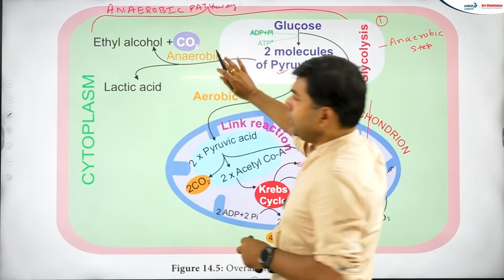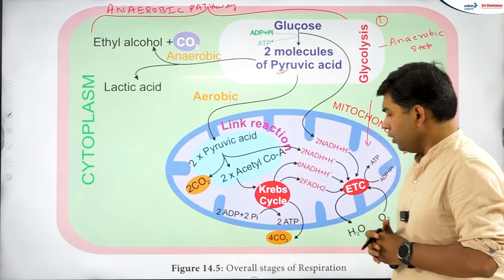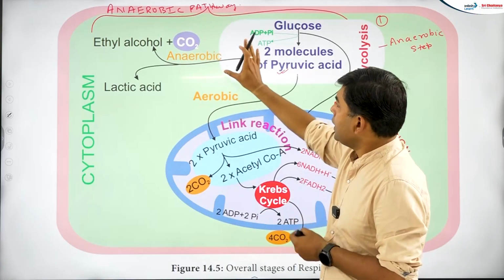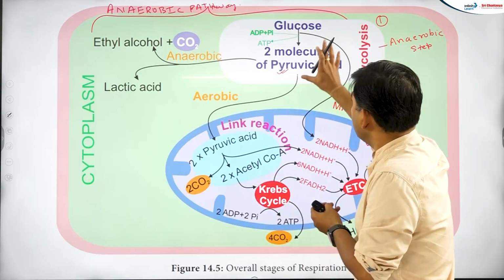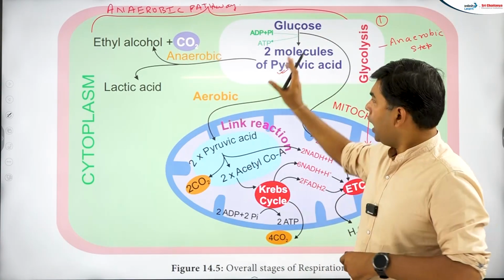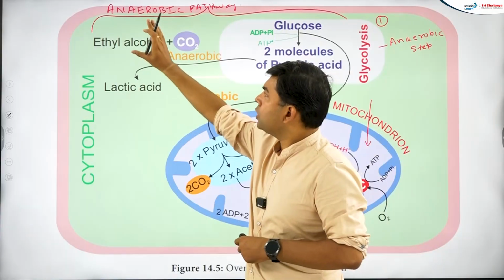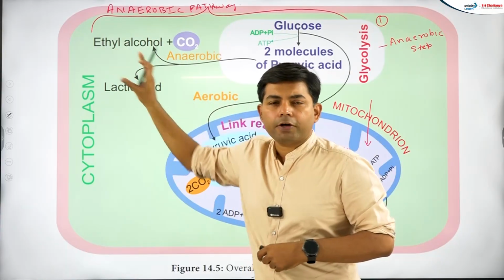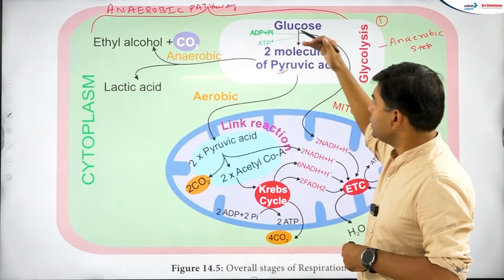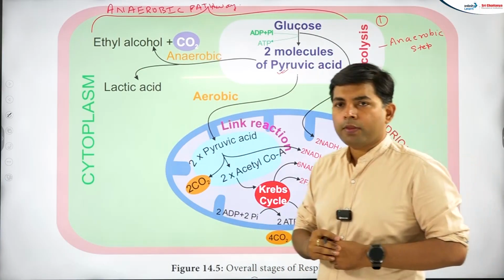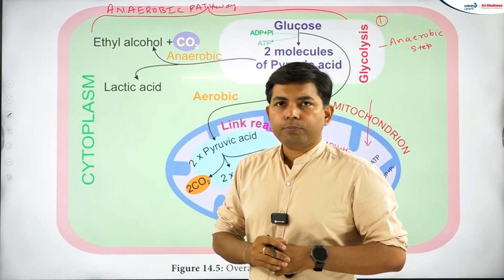Now our aim in today's video is to understand this anaerobic pathway. We will understand how glycolysis takes place, how pyruvate undergoes the anaerobic pathway, that is through fermentation, what the different types of fermentation are, what the different steps of glycolysis are, and why glycolysis is important.